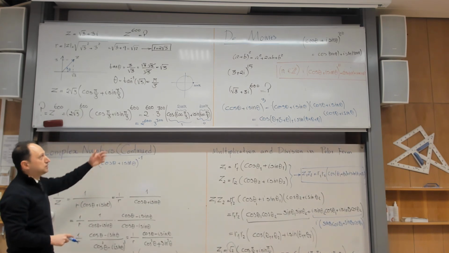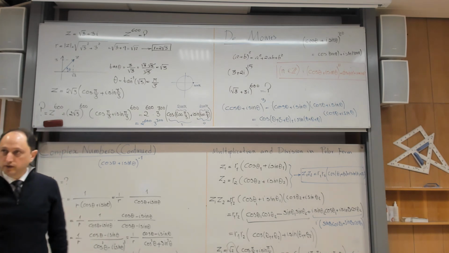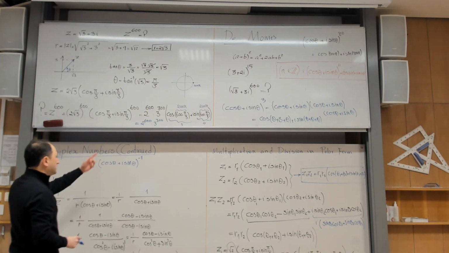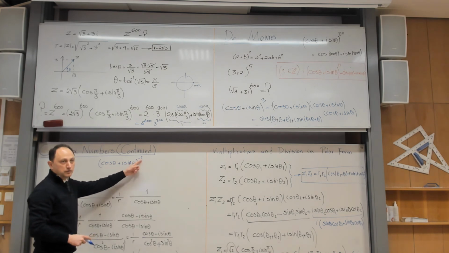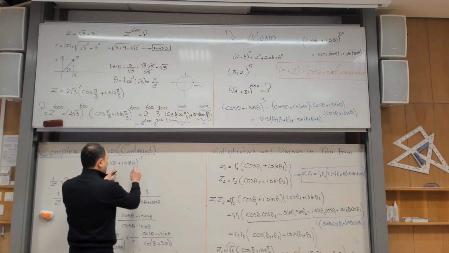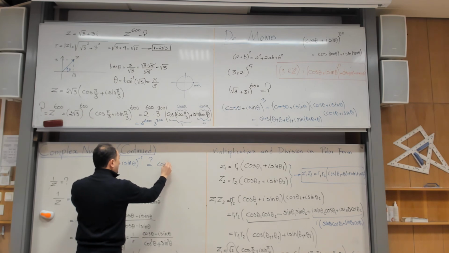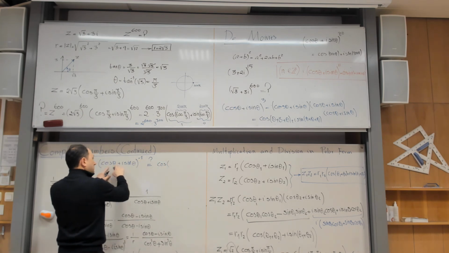But I just told you that this is also valid if you have negative integers. We want to explore that part. The simplest negative integer is -1. Let us check the formula works here. This formula, if correct, will tell you that this should be equal to what? It should be equal to cosine of -1 multiplied by my angle.